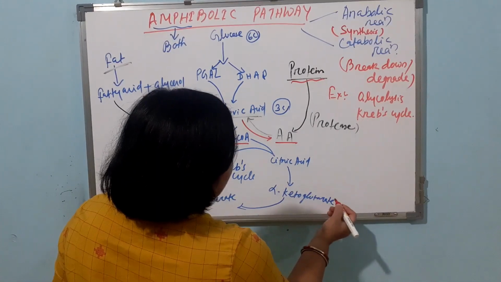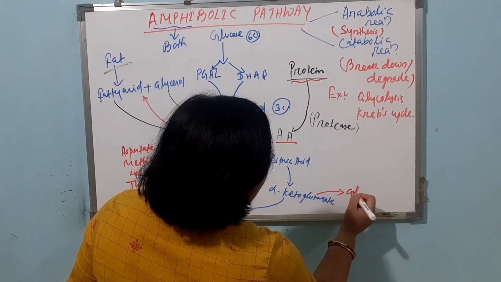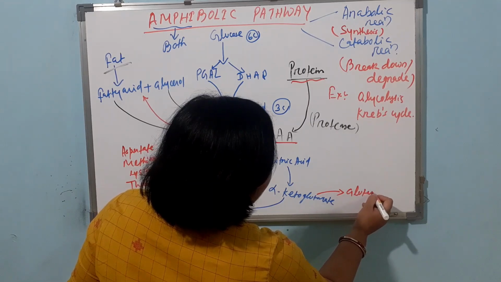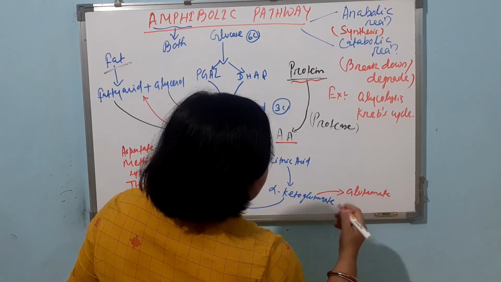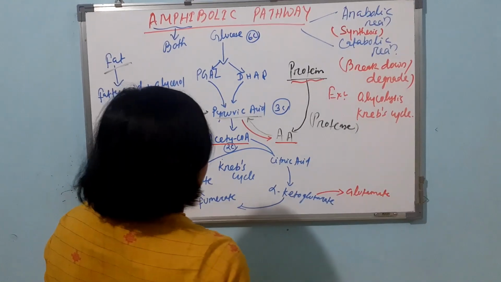This alpha ketoglutarate will form glutamate, which is also another non-essential amino acid.